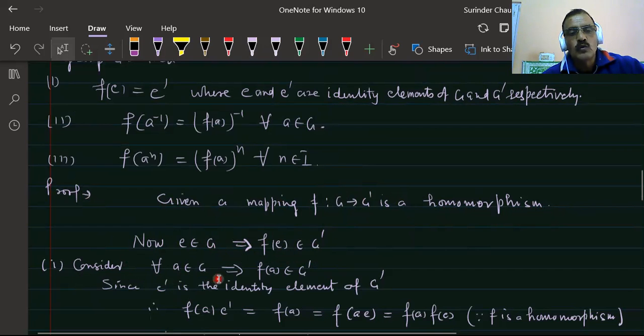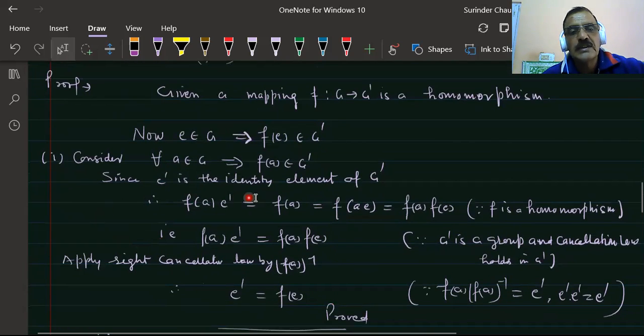Consider all A belonging to G implies f of A belongs to G dash. If you apply the mapping f on all the elements of G, then f of A will be elements of G dash. Since E dash is the identity element of G dash, f of A times E dash is equal to f of A. Now A is an element of G and E is an element of G, so A is equal to A times E, because G is a group.